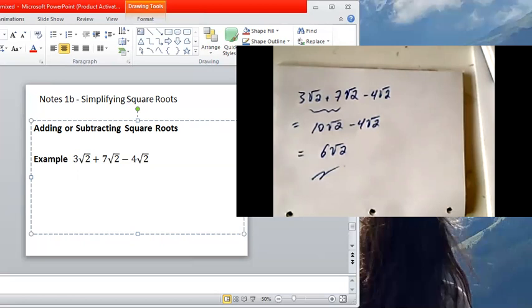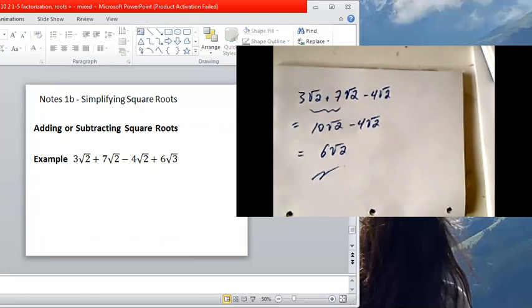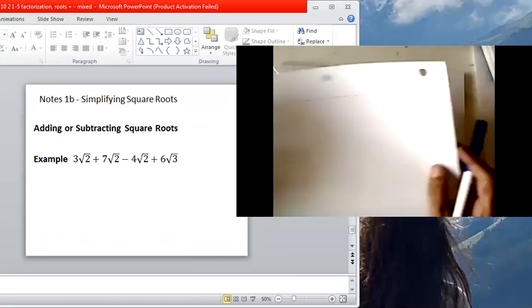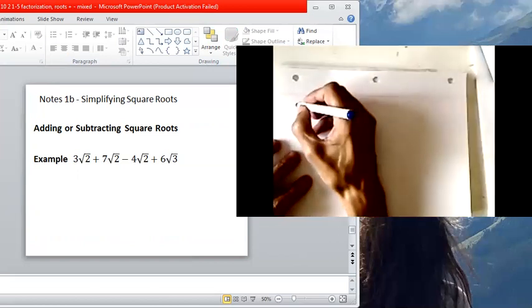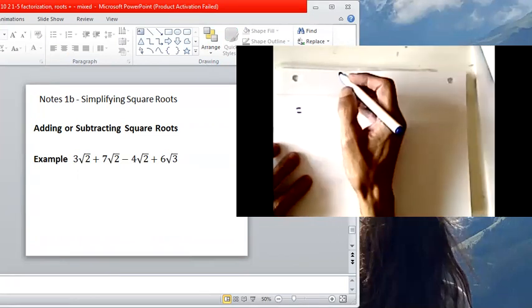Now look at this next example. See, little trick with PowerPoint. It's the exact same, except you have a plus 6 root 3 at the end. So notice, what's going to happen is that those root 2's, they will all combine together again. Into what?